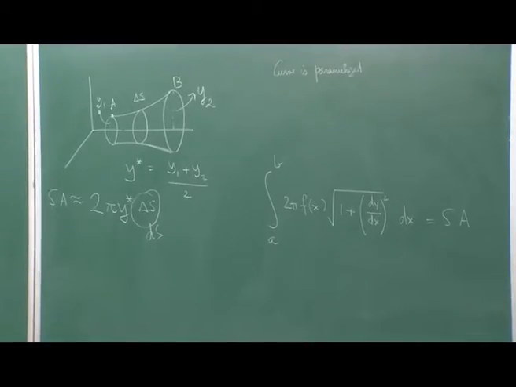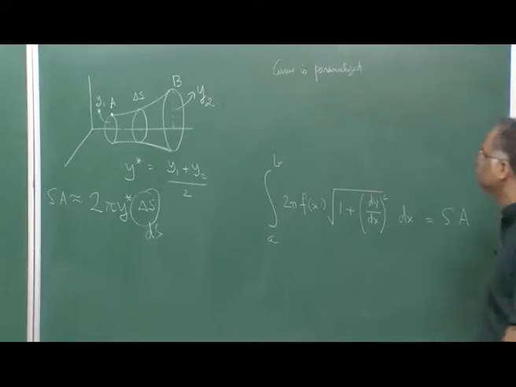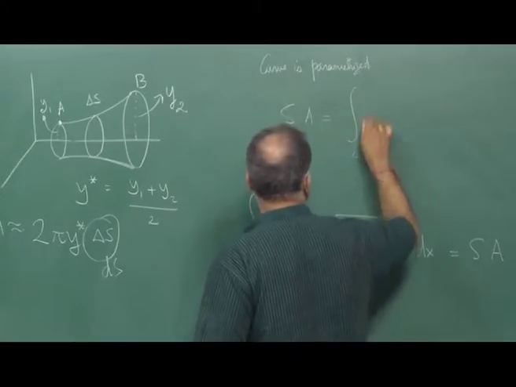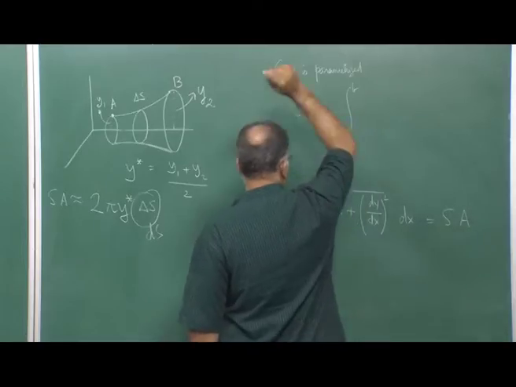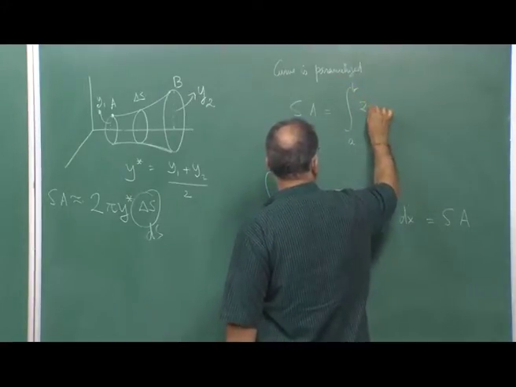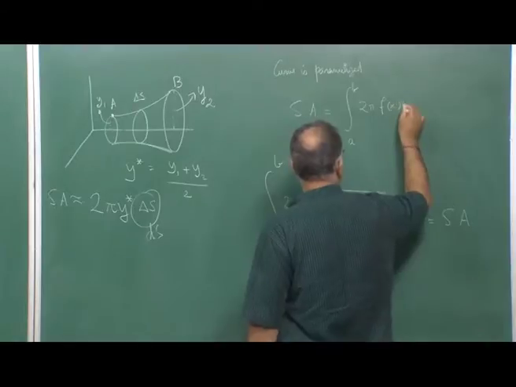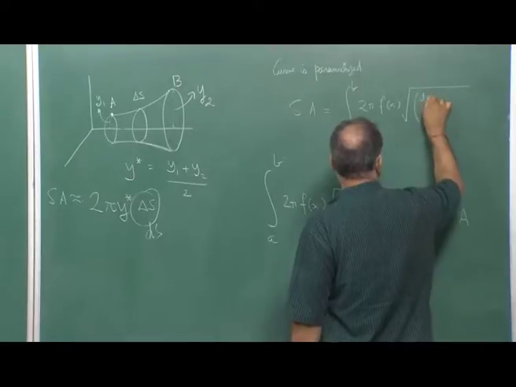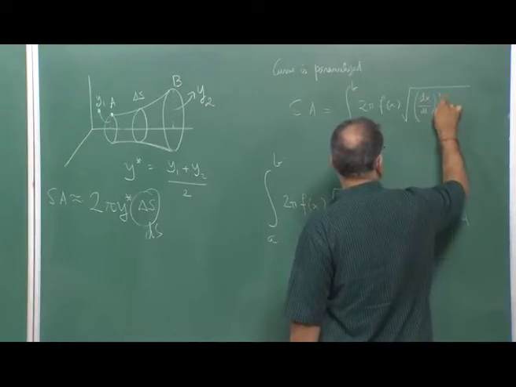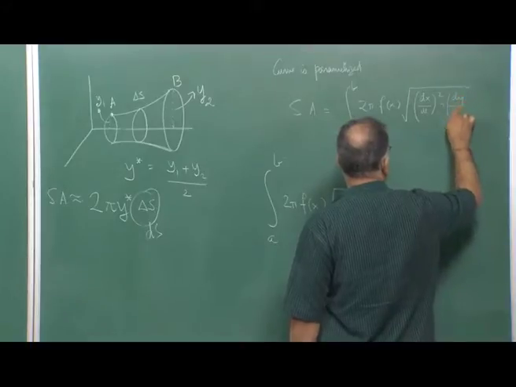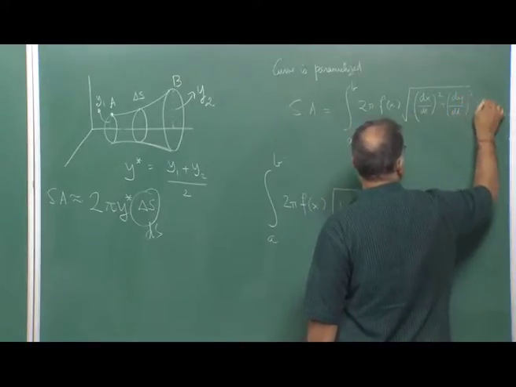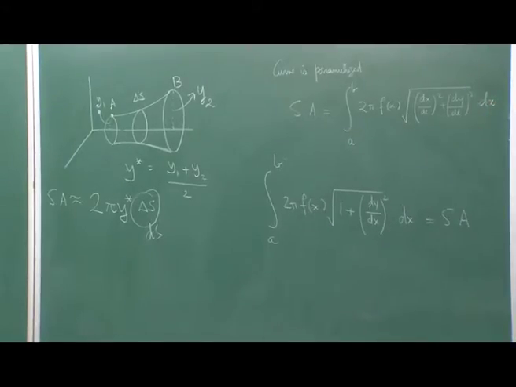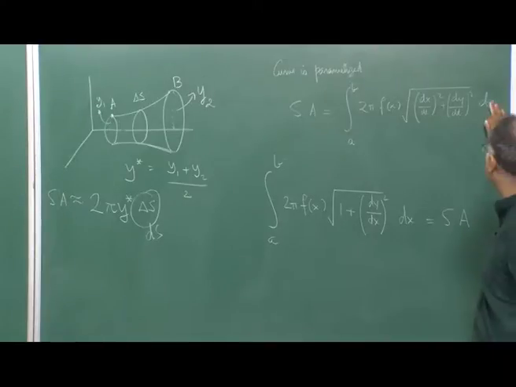The formula is simply that the total surface area S A is the integral from a to b of 2 pi f of x into the elemental length, which is the square root of (dx/dt) square plus (dy/dt) square, dt.